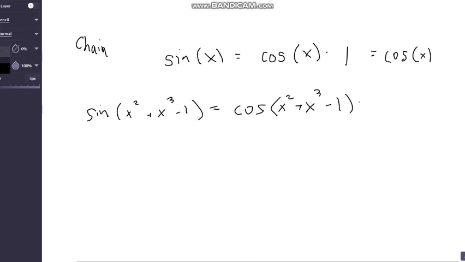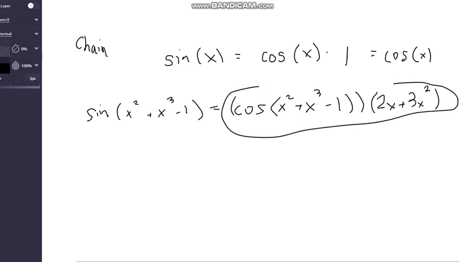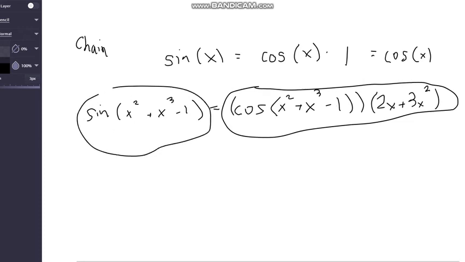And you would multiply this with the derivation of the inside, which is 2x plus 3x squared. And there you have it. That is the slope of this equation. And that's the chain rule. And I think all of the rules, excluding the derivations of trig and log rules.